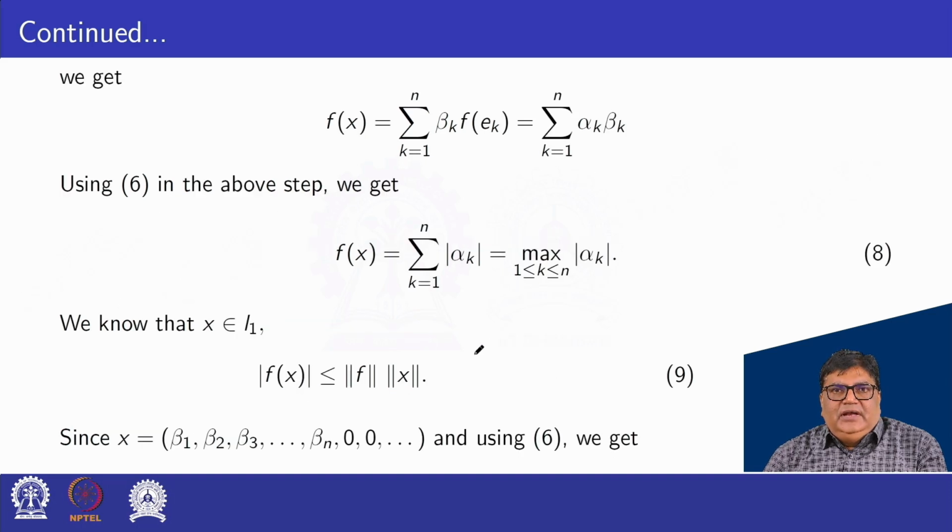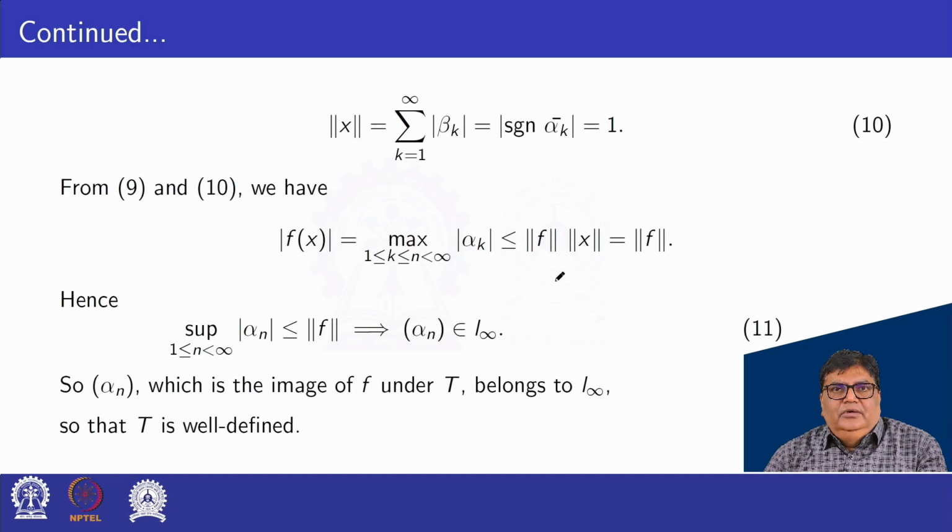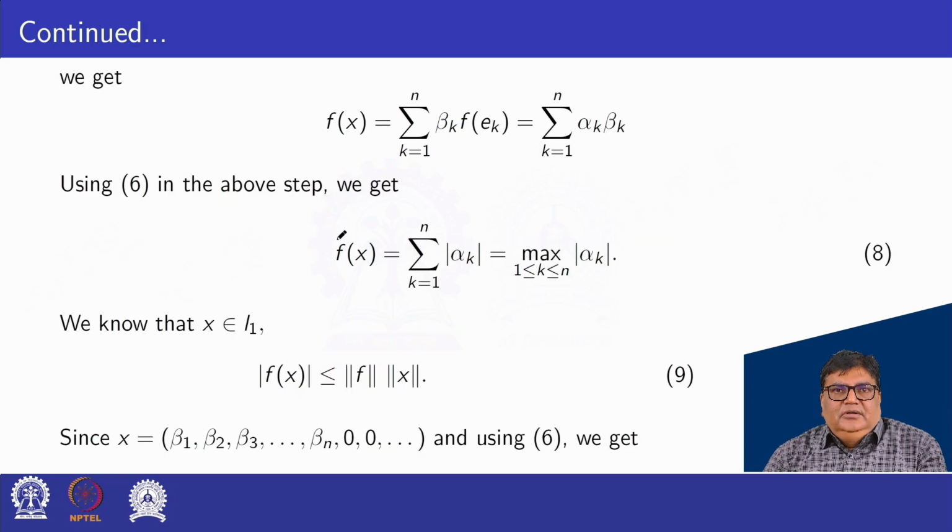From equation 9 and 10, mod fx less or equal to norm f into 1. Here norm x is 1. That is here mod fx, that is mod of this. Here already mod alpha k.